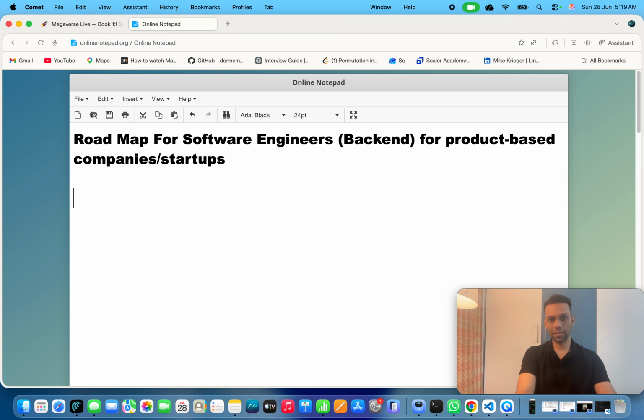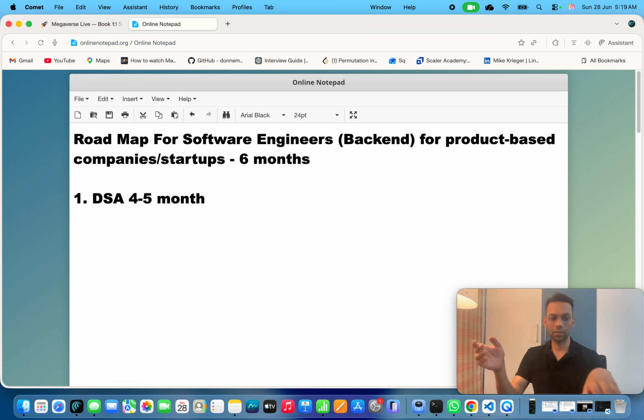Firstly, your first topic should be DSA, obviously. DSA is the thing that you can do for the next 6 months. This is a 6 months roadmap. You need to do DSA for 4 to 5 months, like 2 questions a day, based on the bandwidth you have. If it is a weekend, you can take maybe 3 or 4 questions.